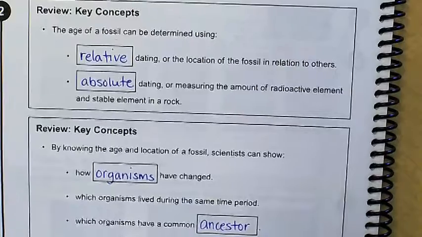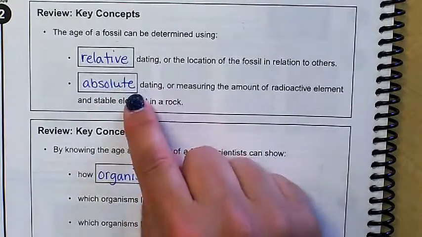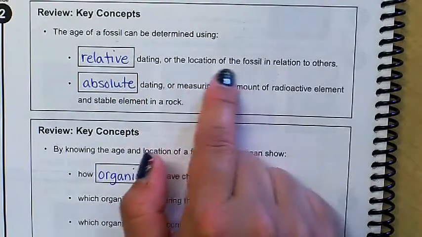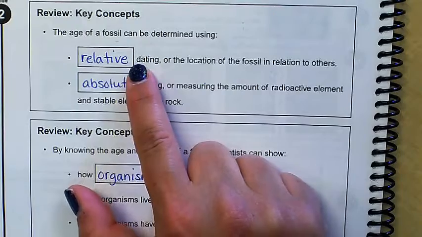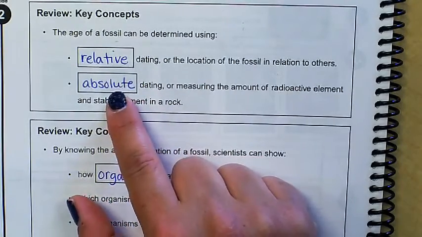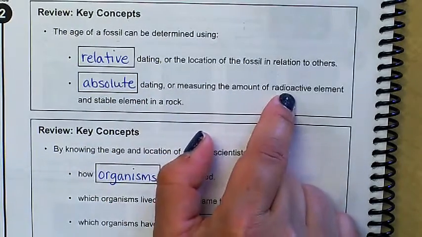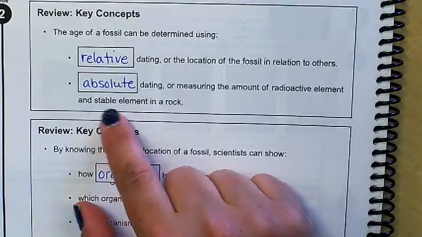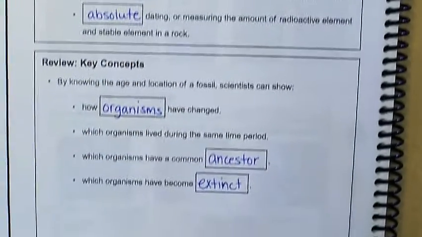When we determine the age of a fossil, we use either relative or absolute. Relative is based on where we find it in the rock layer, and absolute is dating the amount of radioactive element compared to the amount of stable element.